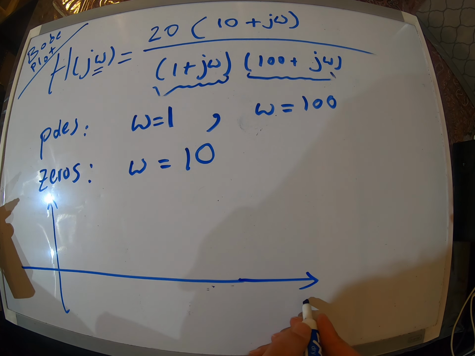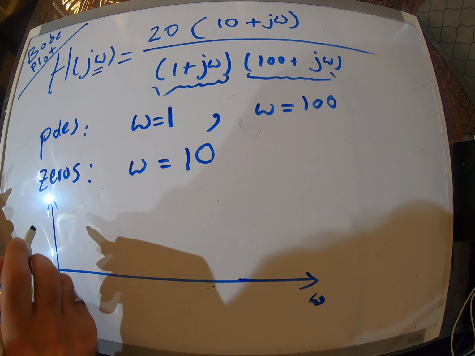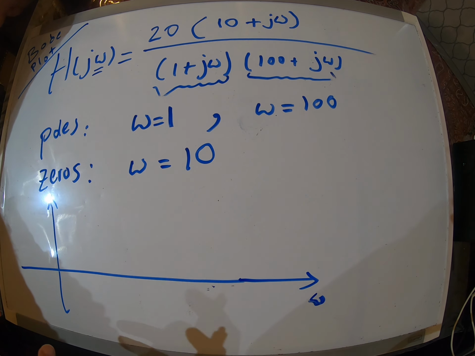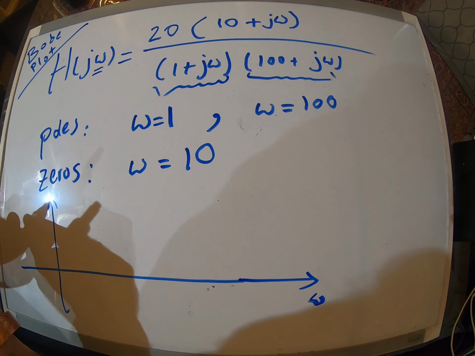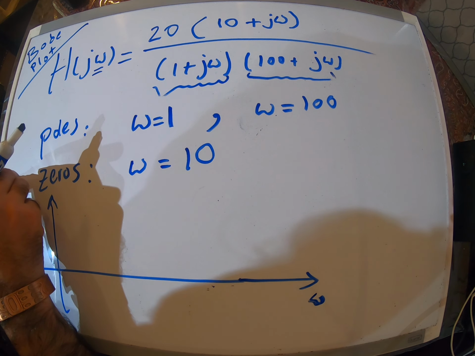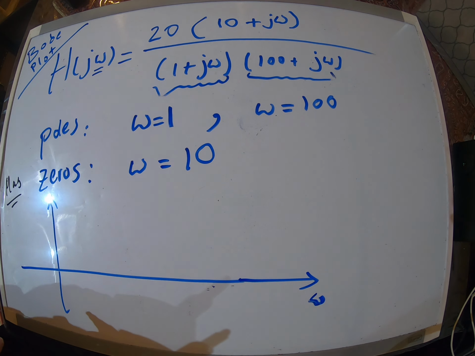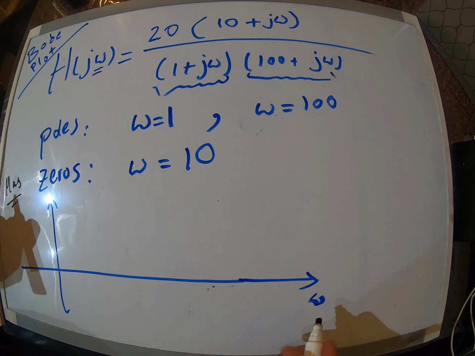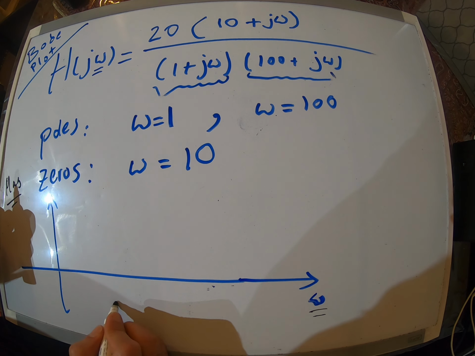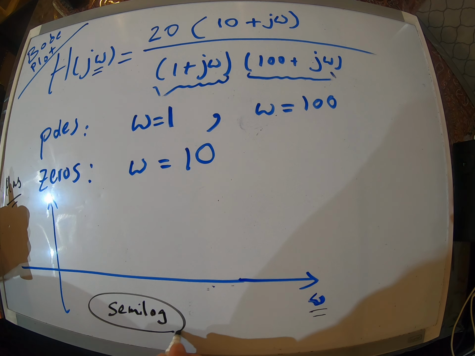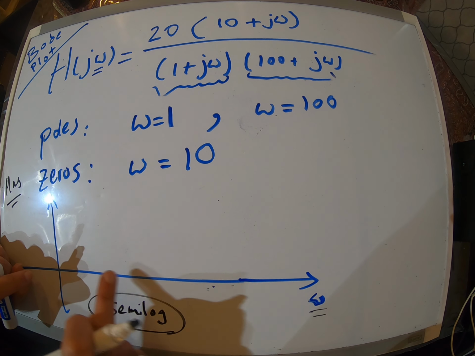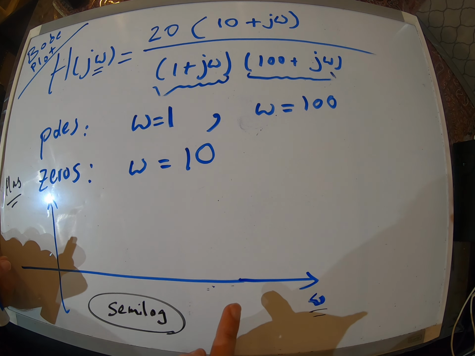There are 2 things I have to mention about the magnitude plot. The first one is that we do this plot in the semi-log scale. What does semi-log mean?